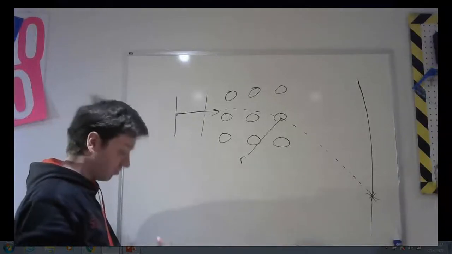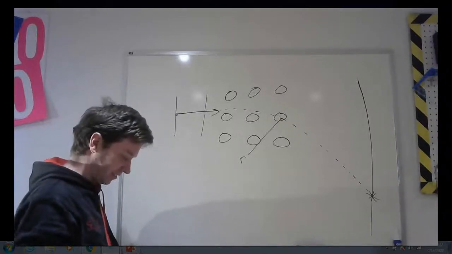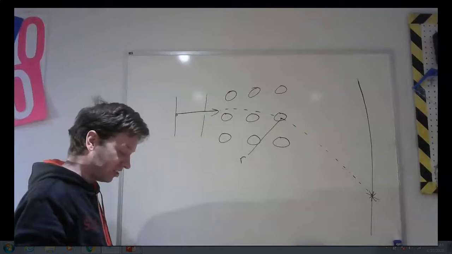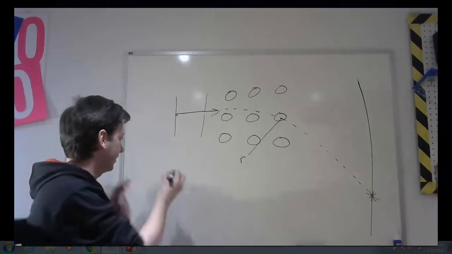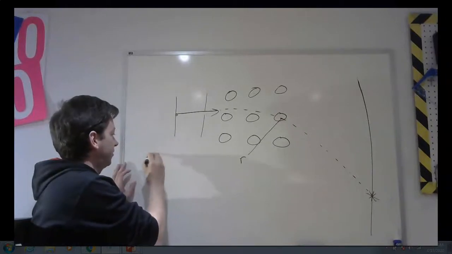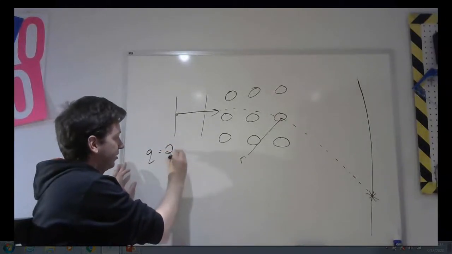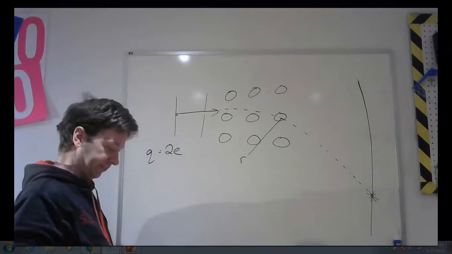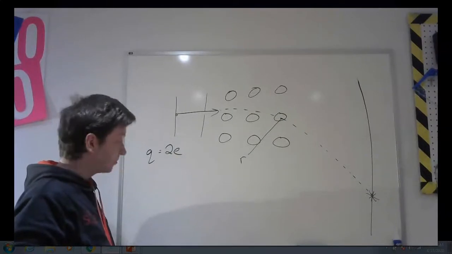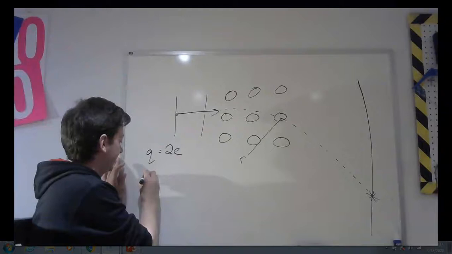Alright, so let's look at what they give us in this question. We want to find the mass of oxygen-16 with a charge magnitude of 2e. Alright, so the charge is twice the elementary charge. There's a potential difference here that accelerates it.